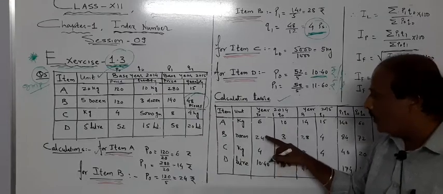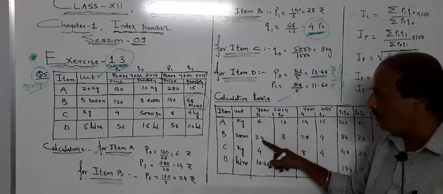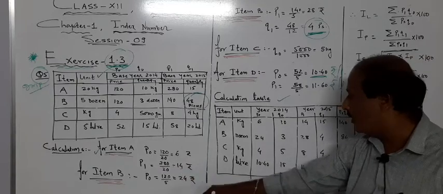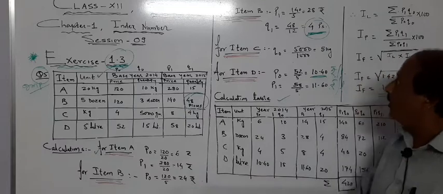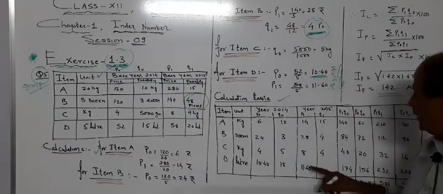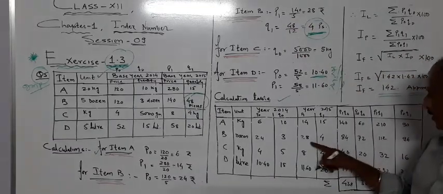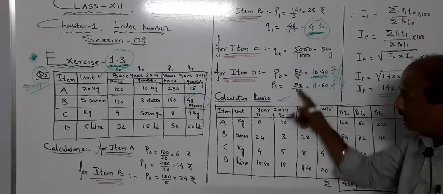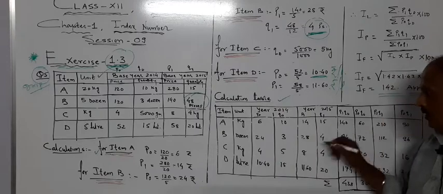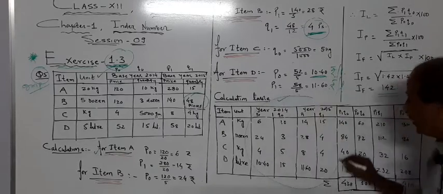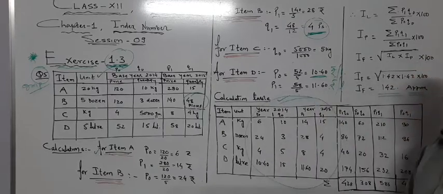Then here P0 for the B item is 24, and P1 is 28. So whatever calculation you did, make this table according to that. This fourth item is very important.